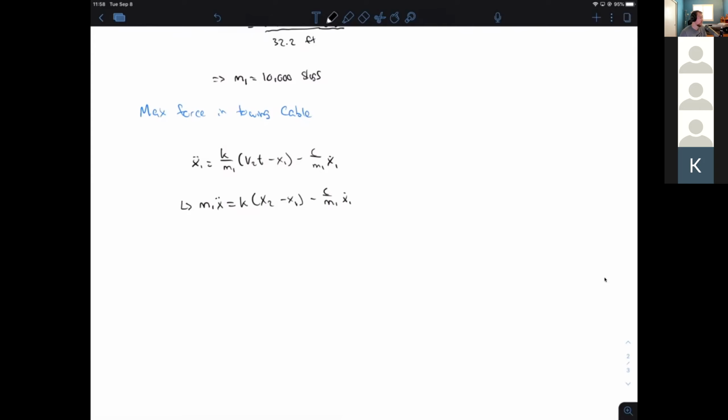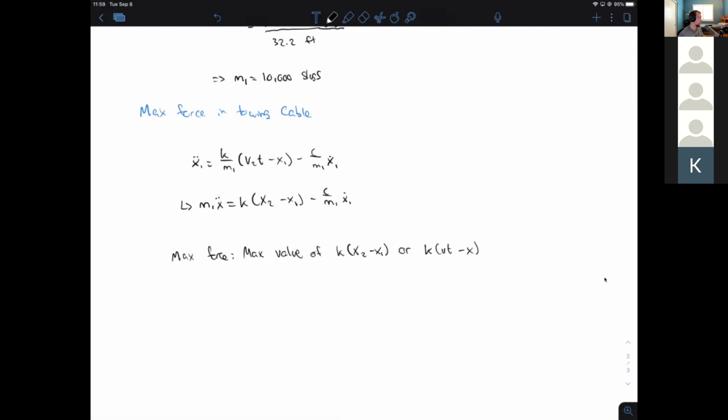So from this, the maximum force is going to be the maximum value that we can have for k times x2 minus x1. Okay, or k times vt minus x.